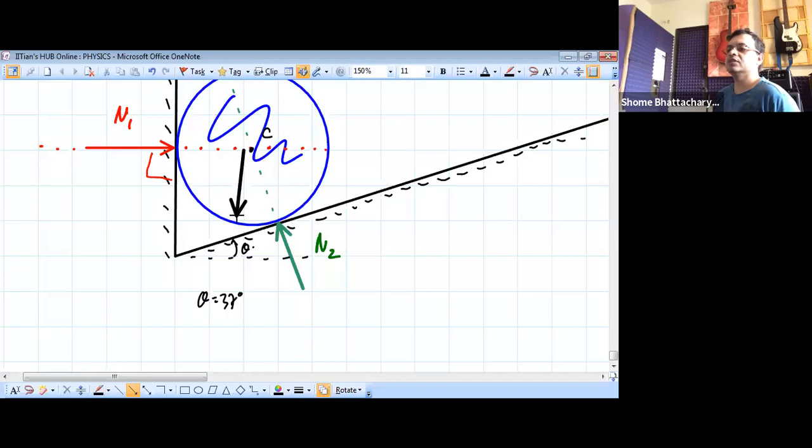So the weight will act through the center of mass, but it will act vertically downwards. So these three are the forces which are acting, drawn in a lot of detail.